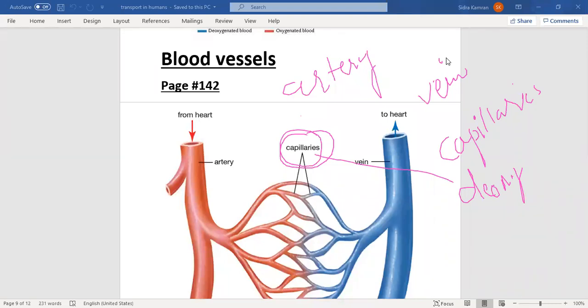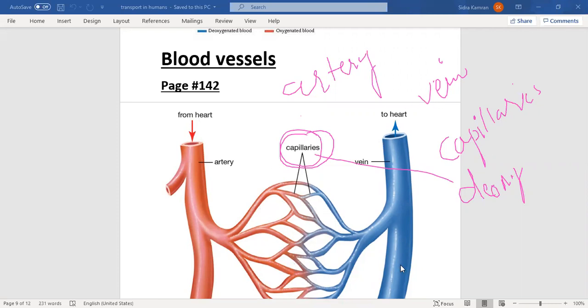Arteries basically have thick walls because the blood pressure is very high when blood passes from the heart. The blood which contains oxygen has a high pressure. So that's why arteries have thick walls, and arteries have non-elastic fibers. Capillaries have very thin walls.